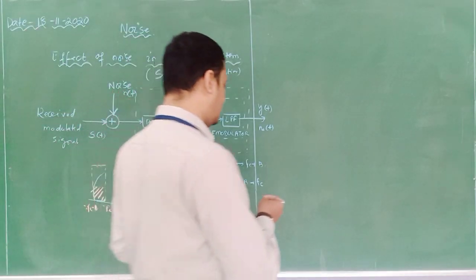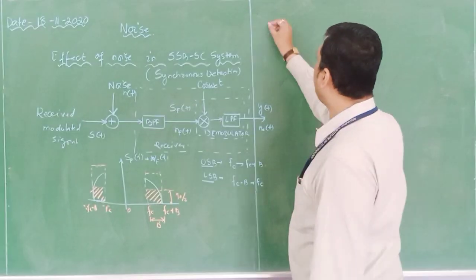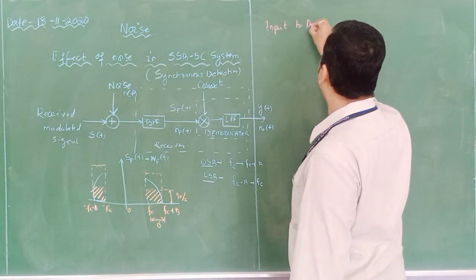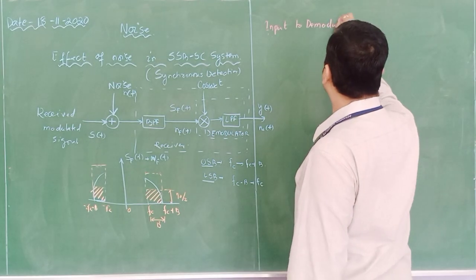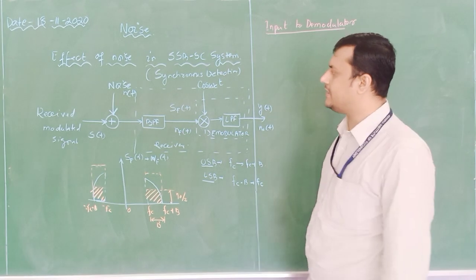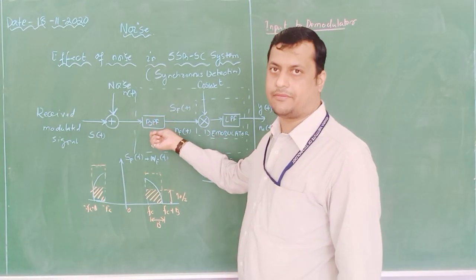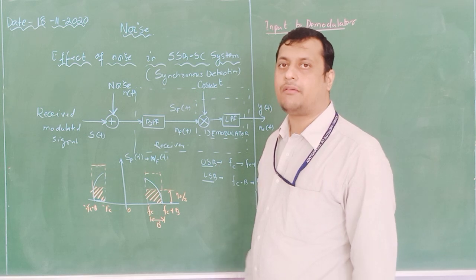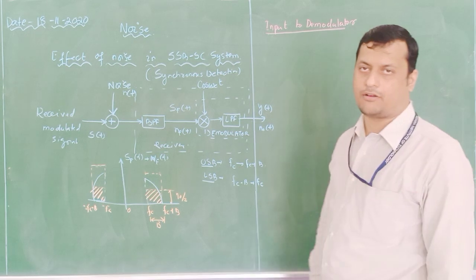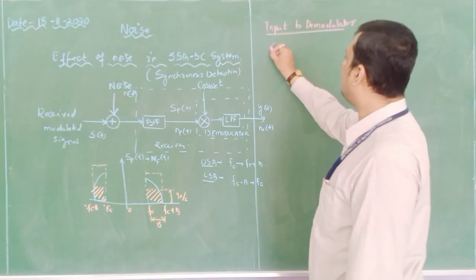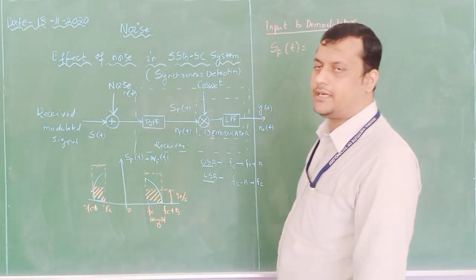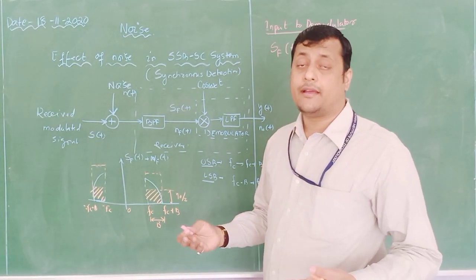So first, what is the input signal I get? Input to demodulator. After passing through this band pass filter, our S of t will become S of f, because this is the band which is going to pass through the demodulator. So input to the demodulator is SF of t. Now as per the figure, we are considering the upper sideband.